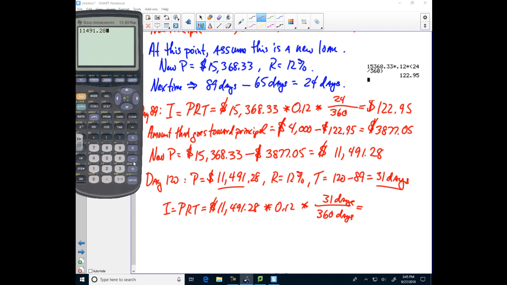11,491.28 times 0.12 times the quantity divided by 360. Of course, we're running over time period for class. What's wrong with you people? Letting me do that. $118.74.